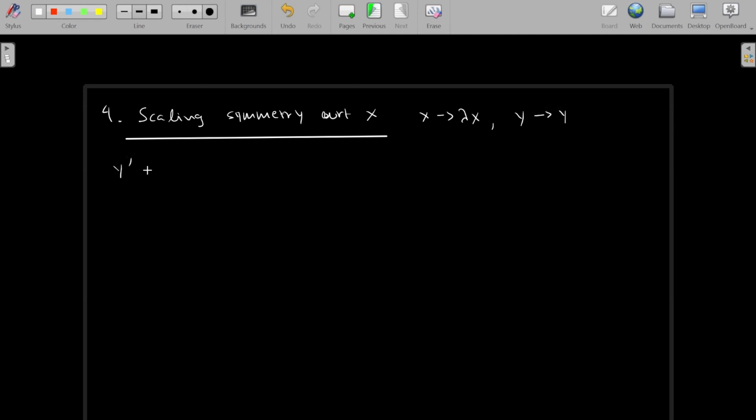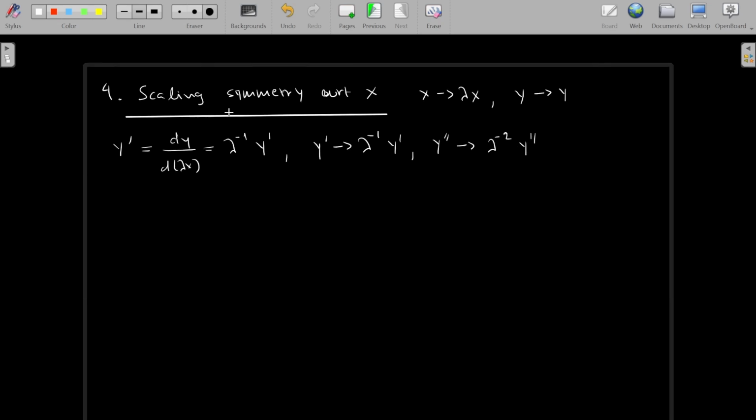The first derivative, however, which is dy over d of lambda x now, is nothing more than lambda to the minus 1 times y prime, right? Meaning that this transforms like it gives a minus power of lambda. Exactly the same way, the second derivative gives minus 2 powers.